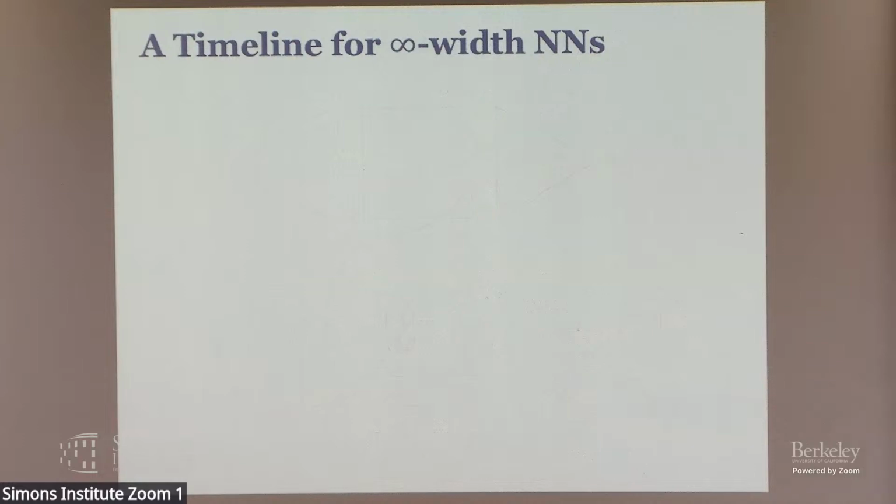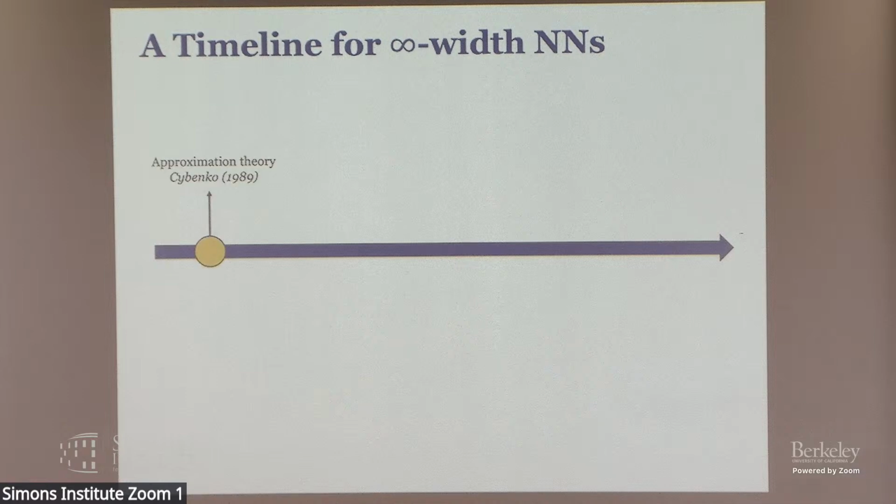Right. So I'm going to give you a short timeline for infinite width neural networks. This is not a comprehensive review. It's just the main research directions. I think the first time large width, infinite width neural networks were studied in the literature was in the context of approximation theory in the 80s.